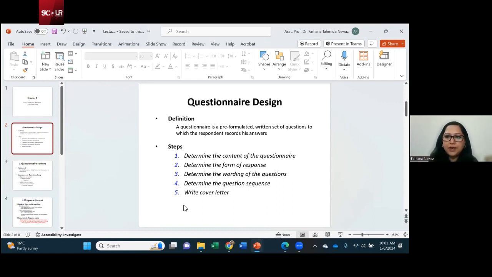So it's a pre-formulated set of questions through which you get information from your respondents, and you record their answers so that you can measure your variables as well as test your conceptual model.